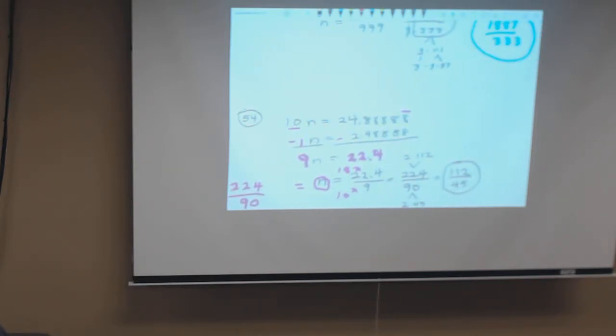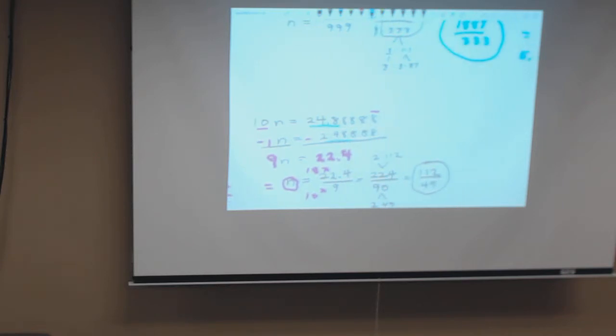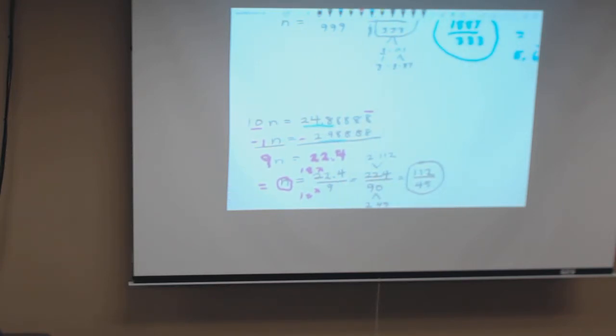10 times the number is 24.888. 1 times the number is 2.4. You know what? I might just change that. Well, okay, we can leave it like that.